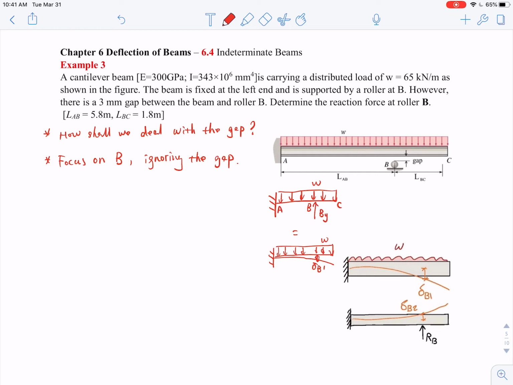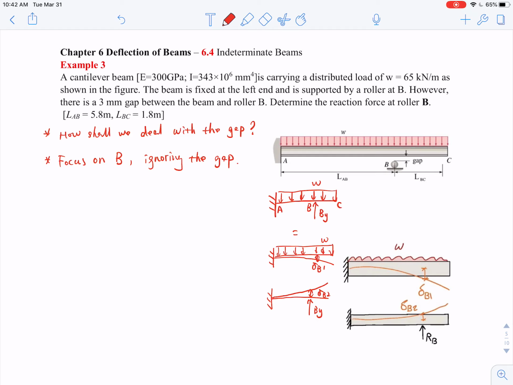Okay, and in the beam 2, it will be a cantilever beam subjected to By. Then it will be deformed in this way. It will be deformed in such a manner so we can calculate delta B2.